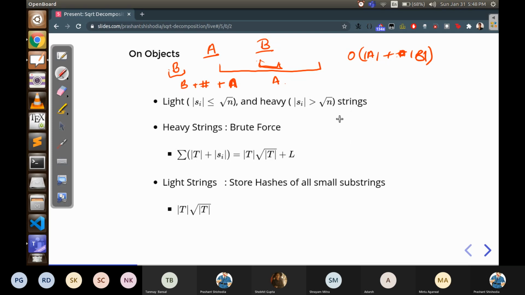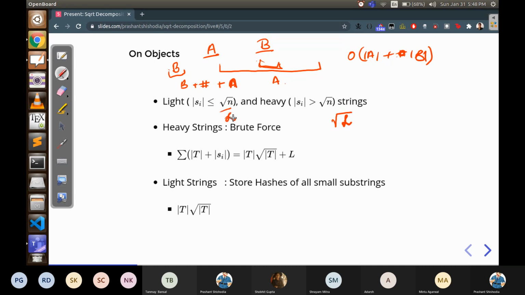So we know that there are at most root L heavier strings. This slide is messed up, I'll change it later.